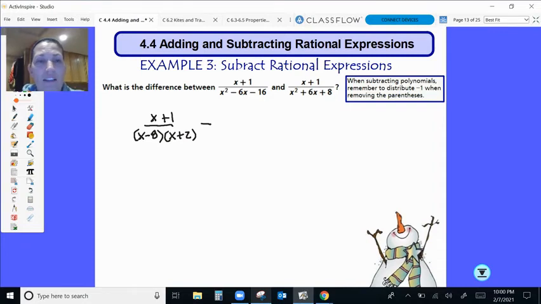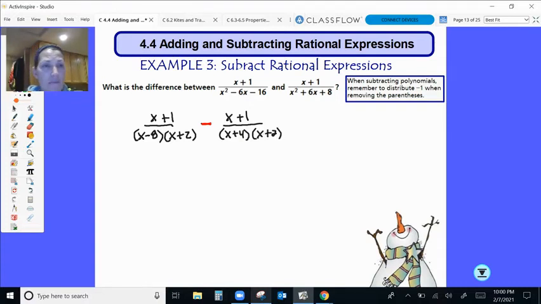And I'm going to subtract, and I'm going to make this subtraction red just so I can say, hey, watch out for that. Okay, and then on top, x plus 1 again. And then factors of 8 that add up to 6 are going to be 4 and 2. So x plus 4 times x plus 2.